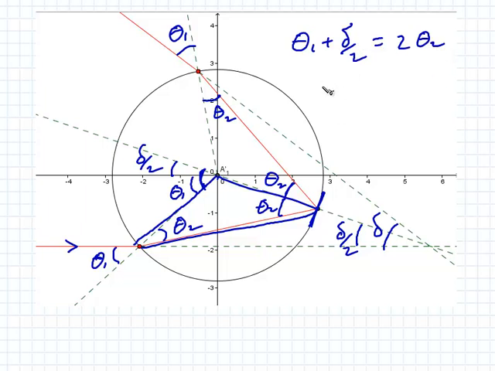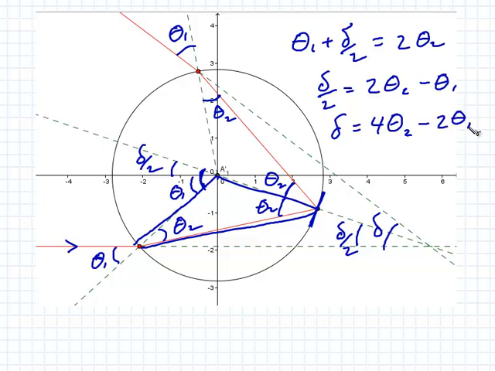Solving for delta, first there's delta over 2 is 2 theta 2 minus theta 1. Doubling everything, I get delta is equal to 4 theta 2 minus 2 theta 1. Okay. That's the geometry that we need.